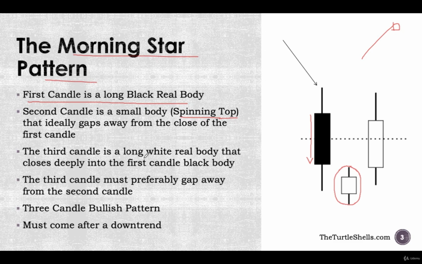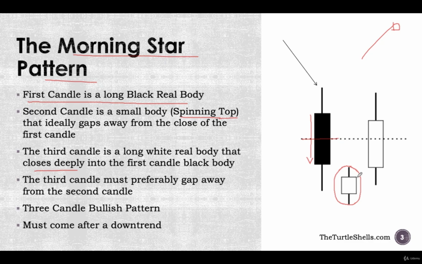So the third candle is a long white real body that closes deeply into the first candle's black body. Now when we say closes deeply, just to have a strict criterion, the white real body, as in the piercing pattern, must close above the midpoint of the prior black real body.